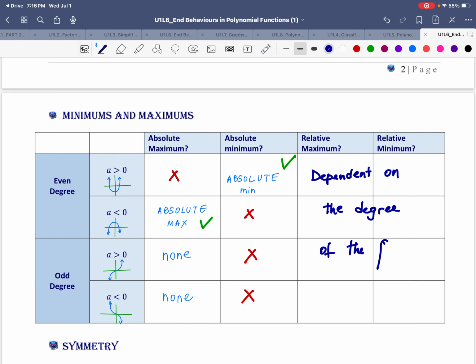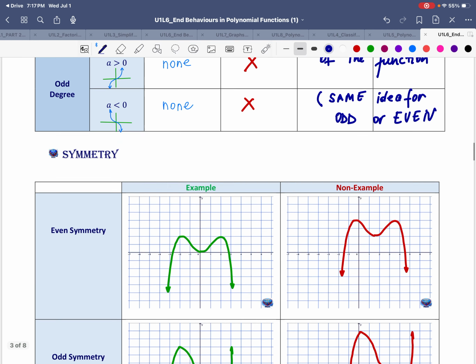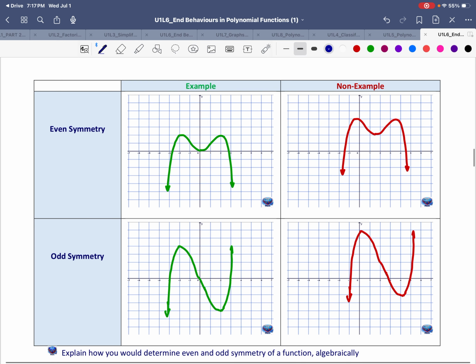So it doesn't really matter whether it is even or odd. Odd or even doesn't matter. Same idea for odd or even. Same rule.